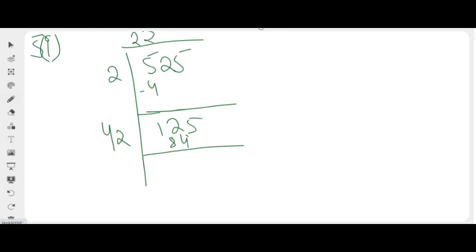By subtracting we get 41. Now the remainder is 41, and it represents that the square of 22 is less than 525. Now we have to create the next number. What is the next number after 22?